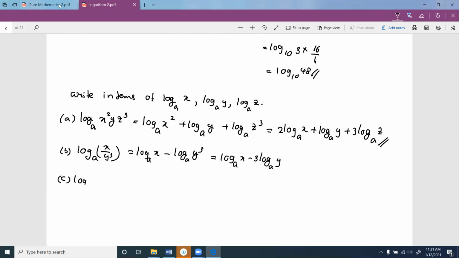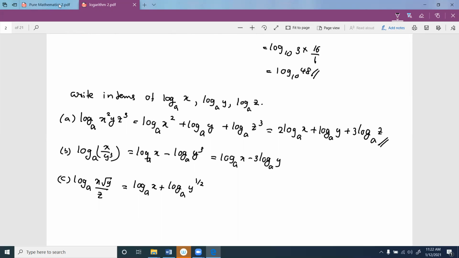So the next one is log a x square root of y divided by z, right? Initially, these two multiplications you can write as addition: log a x plus log a square root of y. I will write square root of y as y to the power half.